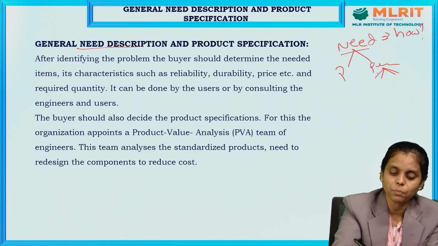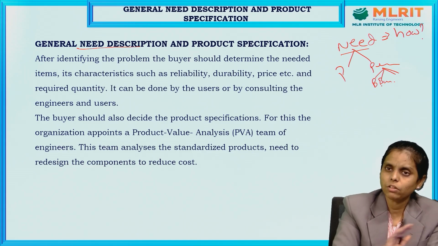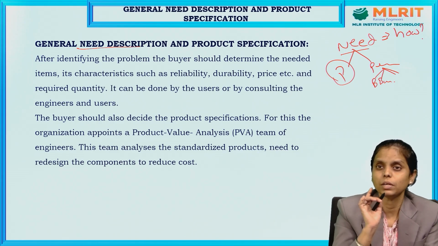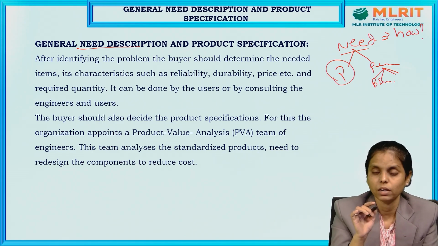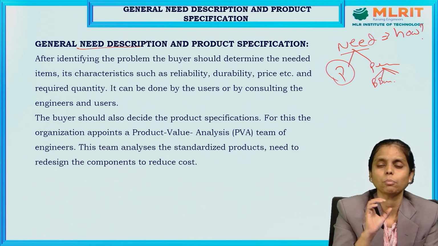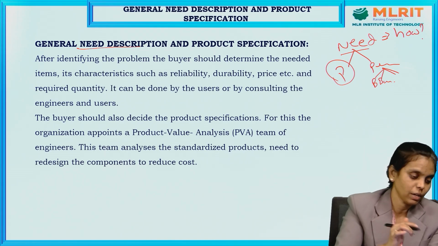So ultimately, we will go with either a blue or black pen. There is no red pen, and even a pencil is not fulfilling our need now. So before deciding the product that we want, first let us describe the need, so that itself will help us identify the products that will fulfill our basic requirement.